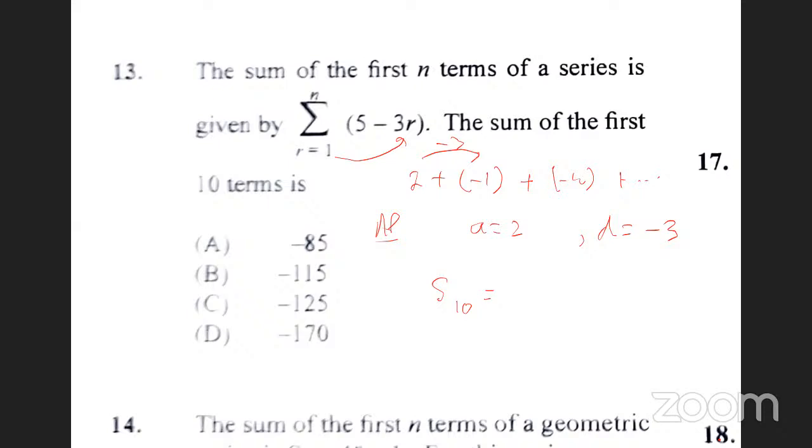So that'll be n on 2 by 2a plus n minus 1 times b. So that'll be 10 on 2 by 2 by 2 plus 9 by minus 3. Straight in the calculator, plug that in. And again, those with Casio, you could actually put this in the calculator. What shall I get? Minus what?